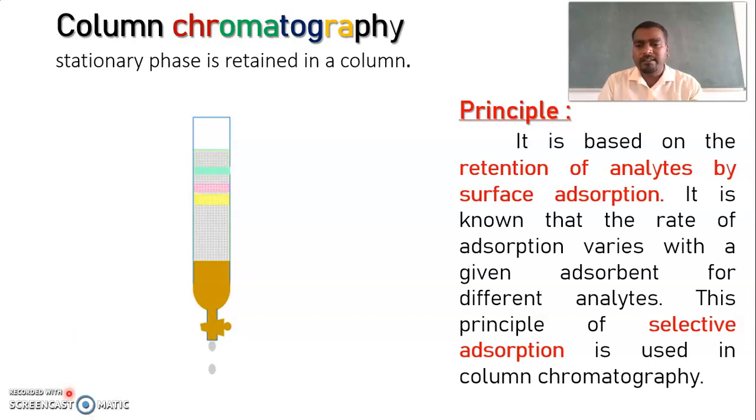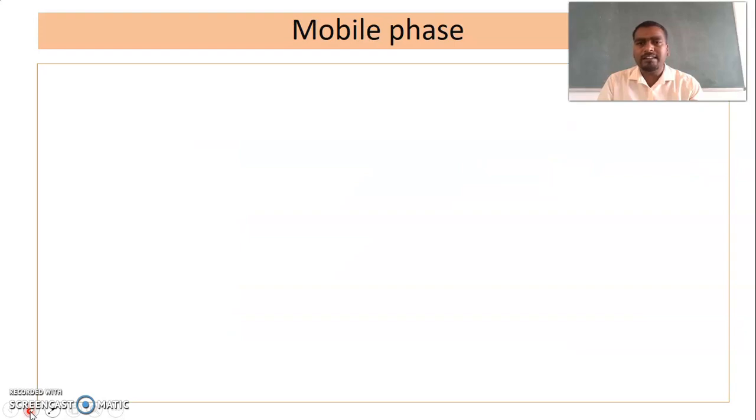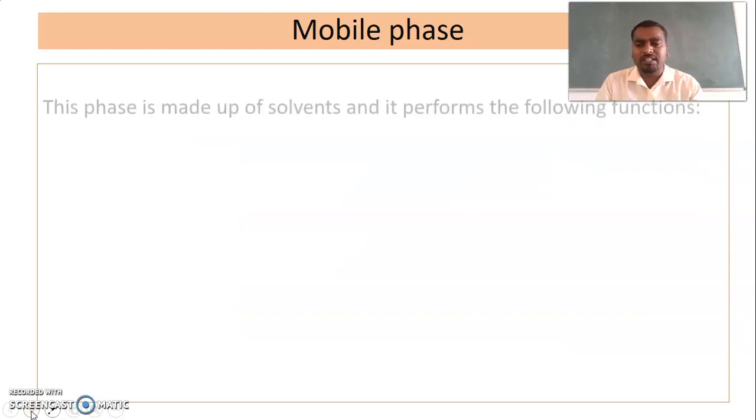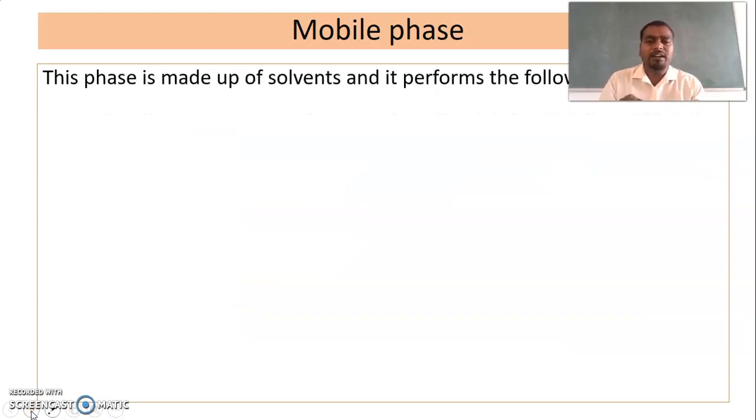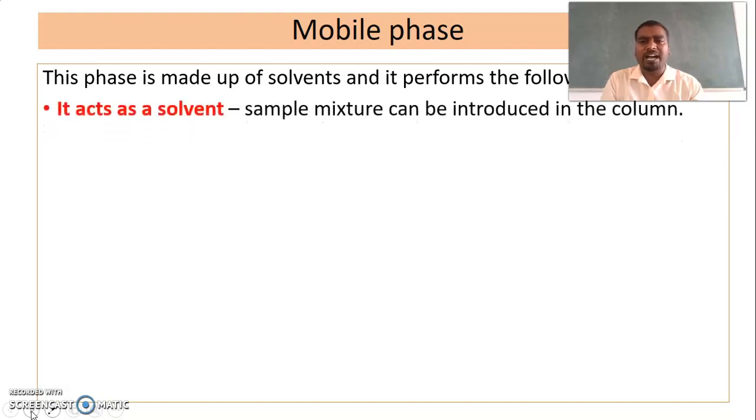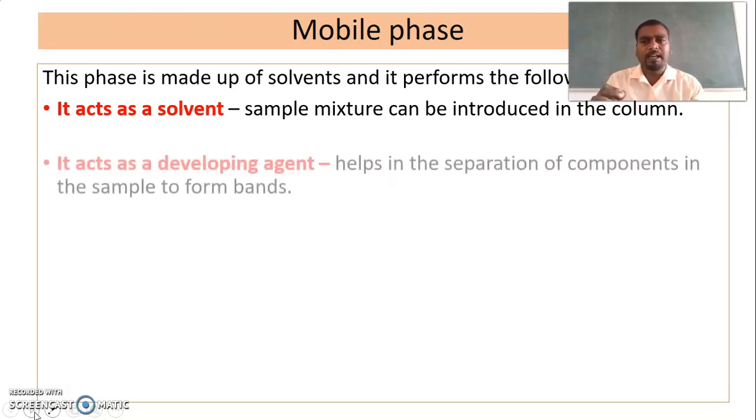Next, let us see the mobile phase which is used in column chromatography. The important criterion for choosing a suitable mobile phase is that it must act as a solvent. It must be capable of dissolving the analyte. This is the first property the mobile phase must satisfy.